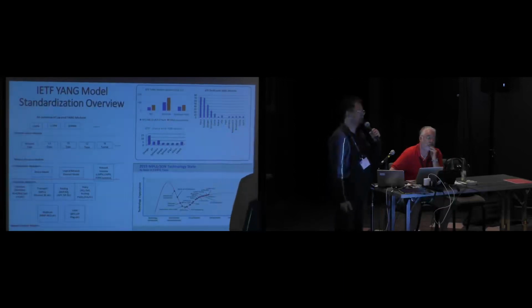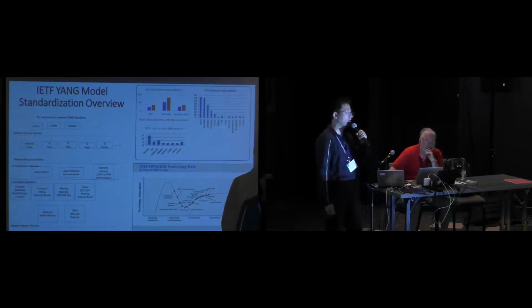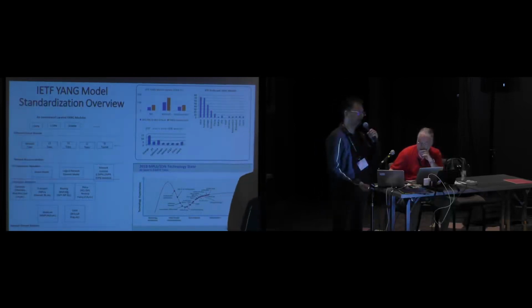YANG data models get a lot of traction. Operators began to plan to deploy YANG data models, because YANG not only helps you automate the network, but also allows operators to build more agile services. YANG can model the service from the top and also allows you to model the configuration operation of the device, to configure the protocol on the device and get a network set up.